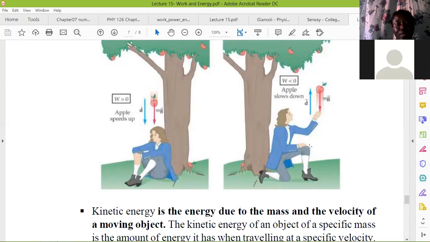We need to keep in mind that when you have a positive work done, the final speed of that object is greater than the initial speed, while when you have a negative work done, the object tends to slow down. It releases energy. You can say it loses energy, while the other one gains energy.